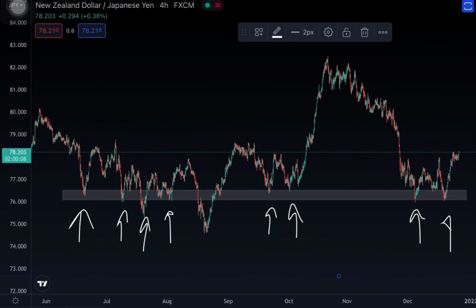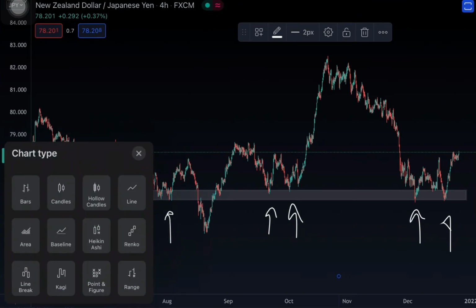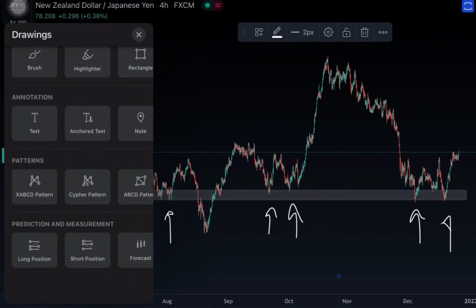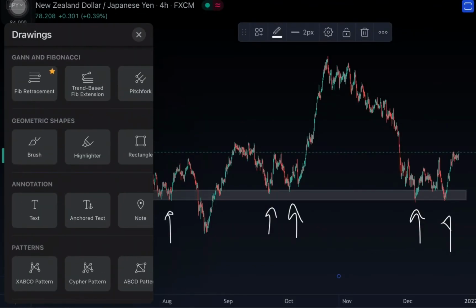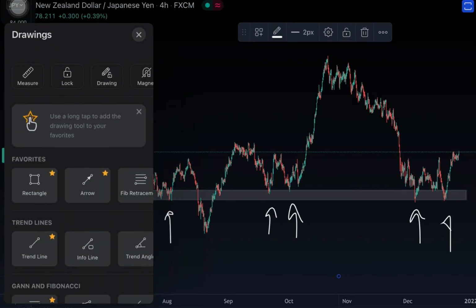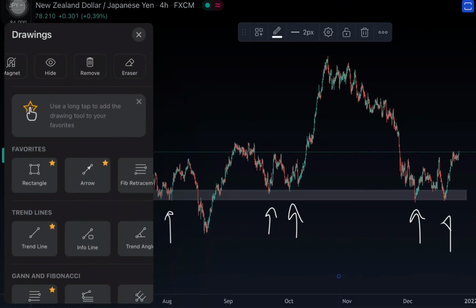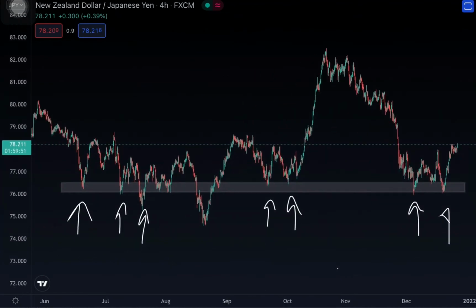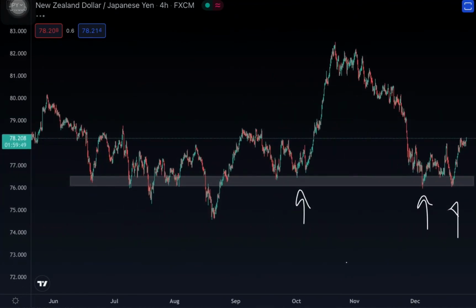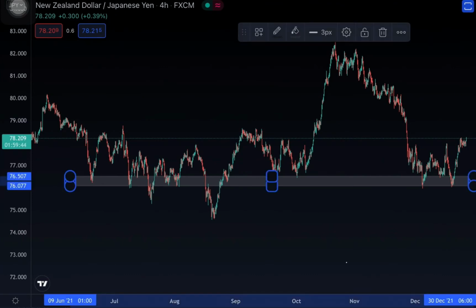So we have a support zone in here that is well respected, and we can count on it. That's very good actually. Now let's have a resistance area.